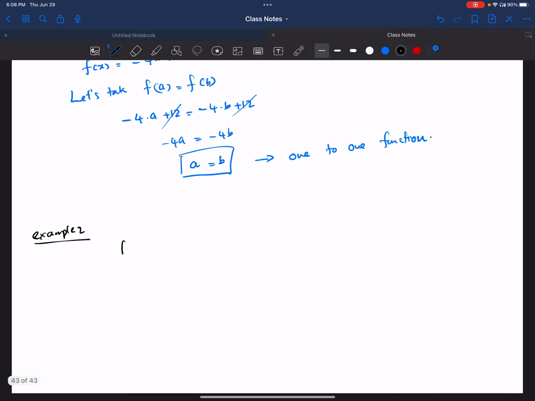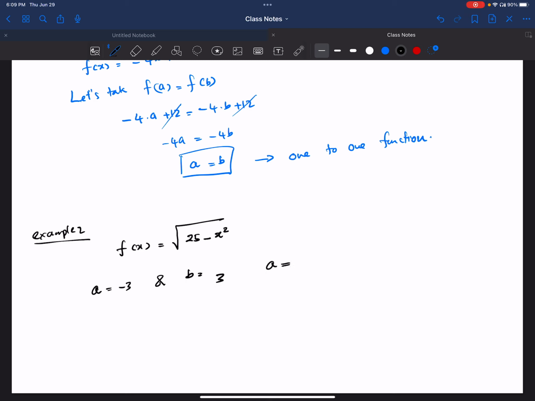Example 2, there's another example. f of x is equal to the square root of 25 minus x squared. We take A equal to negative 3 and B equal to 3.